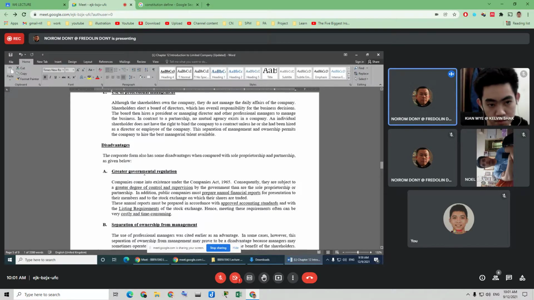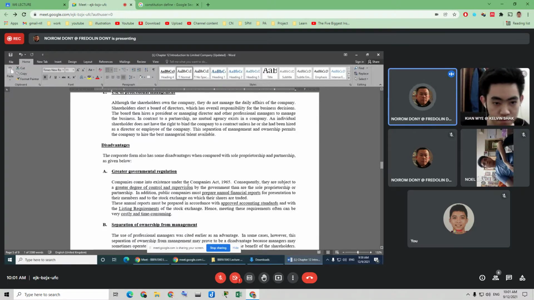So therefore, the government, in order to make sure the public funds are managed correctly, has put in place governmental regulation. The purpose of this regulation is to ensure that the pursuit of personal interest is avoided. That is why this is also a disadvantage to the company, because they have a lot of greater governmental regulation.